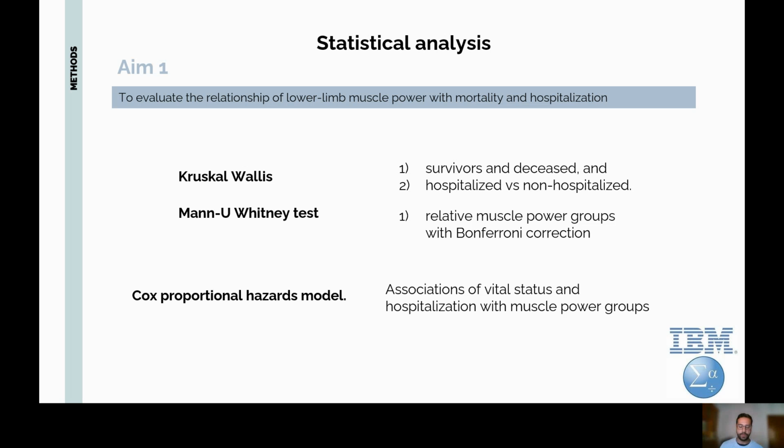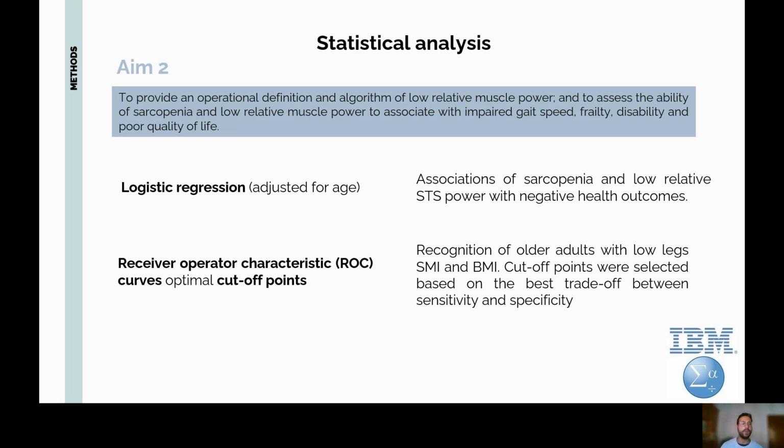We also had a very low muscle power group, which was subjects that were not able to stand up from the chair, but were able to walk and to perform physical tests. We used the Cox hazard model for the associations with mortality and hospitalization with different muscle power groups.